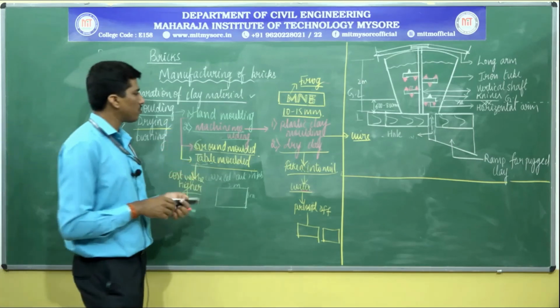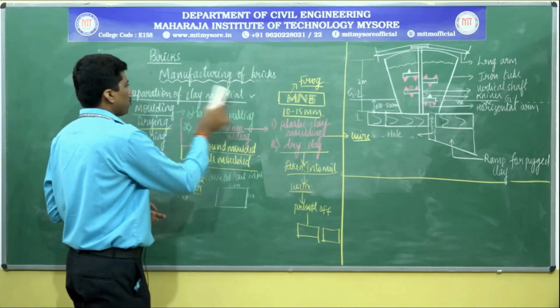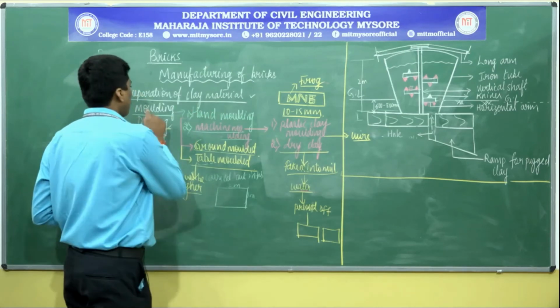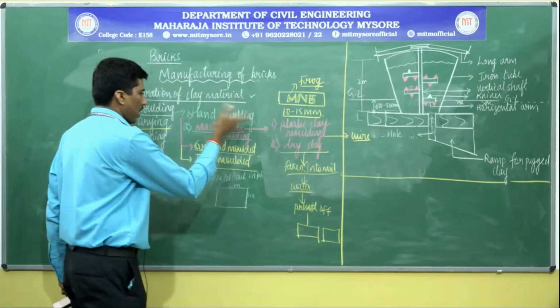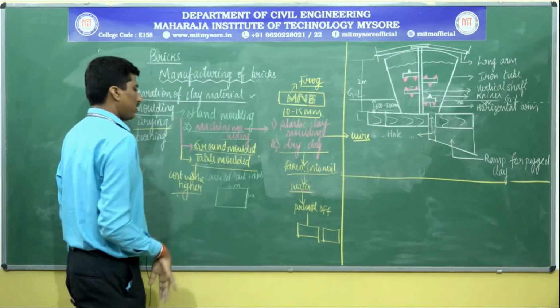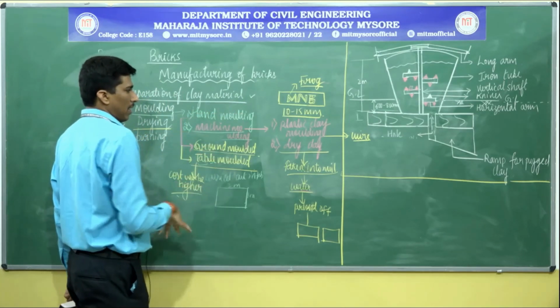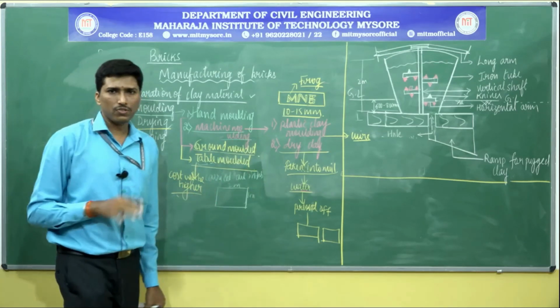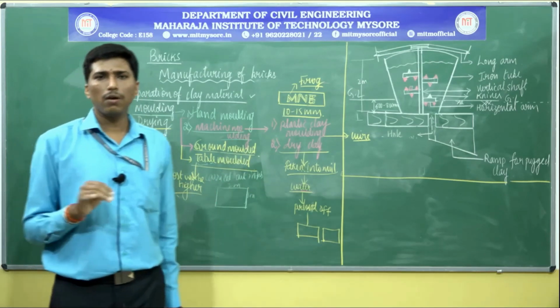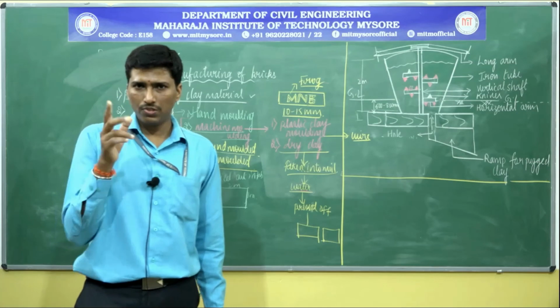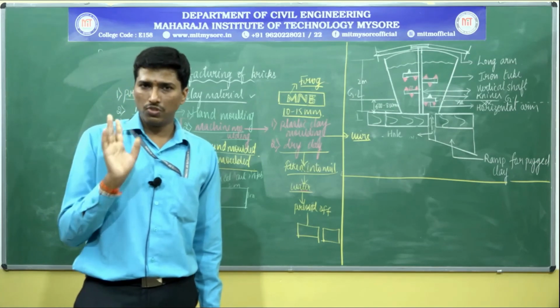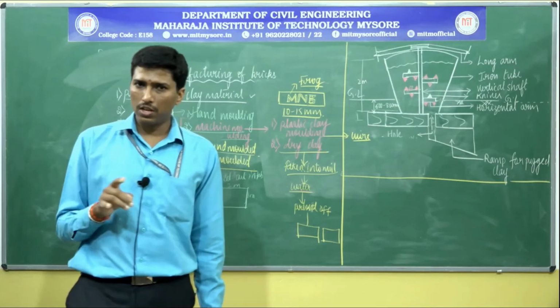Now we have come across the preparation of the clay material and the molding part, whether hand molded or machine molded. Again, we have classified ground and table molded. Plastic or wire cut bricks have a larger part of the cost, because accuracy and precision are more.